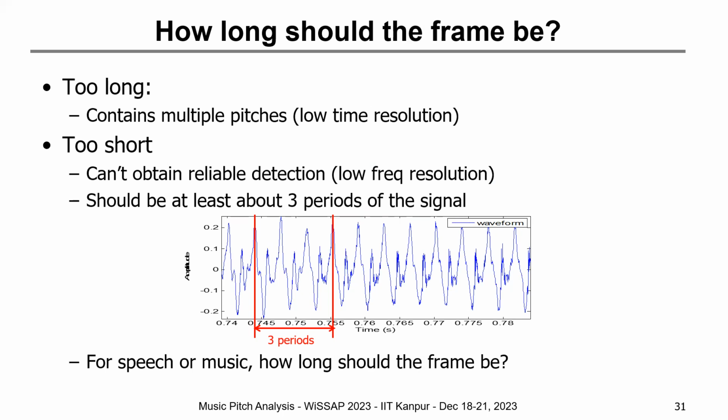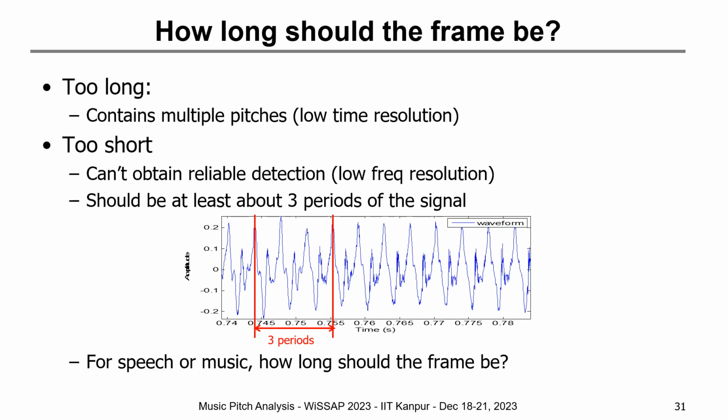And also because music has a wider pitch range, right? The lowest pitch can be as low as 27 hertz on the piano. For speech, it can only go as low as about 50, 70 hertz for a low male voice. So when you have a very low pitch in the audio recording, we would have to use a longer window because otherwise we don't have enough length to cover 3 periods of the waveform.